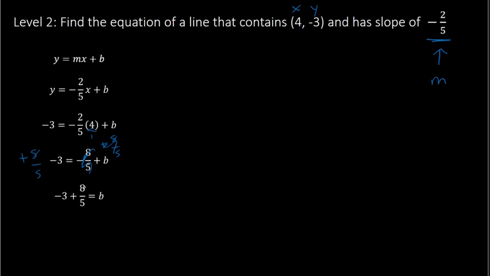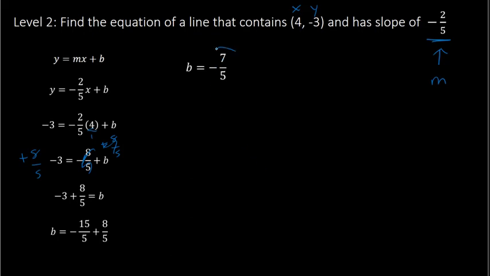To add these together, I need a common denominator. So -3, I need to write as something over 5. I can write that as -15 over 5, because that is the same thing as -3. And then I add that with 8 over 5. So -15 plus 8 would give me -7 over 5.